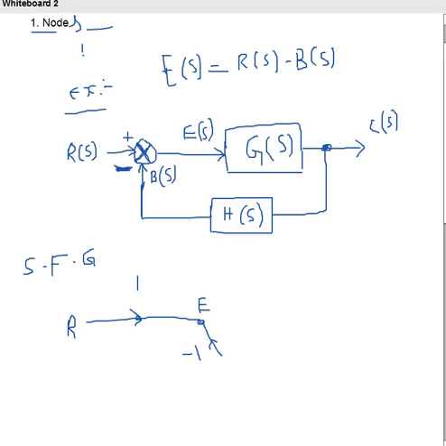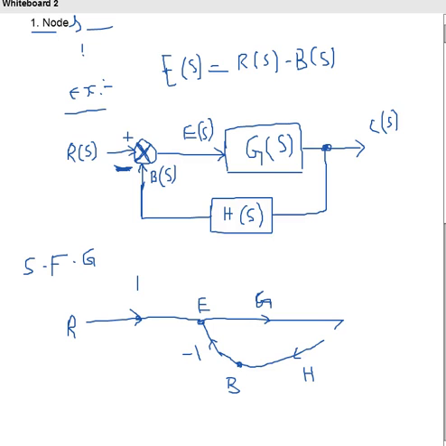And here B represents a node, and the feedback transfer function is H of S. This I am just writing, this is the gain H. And the forward path transfer function is G of S. This is the forward path gain, G. Gain is nothing but output by input.